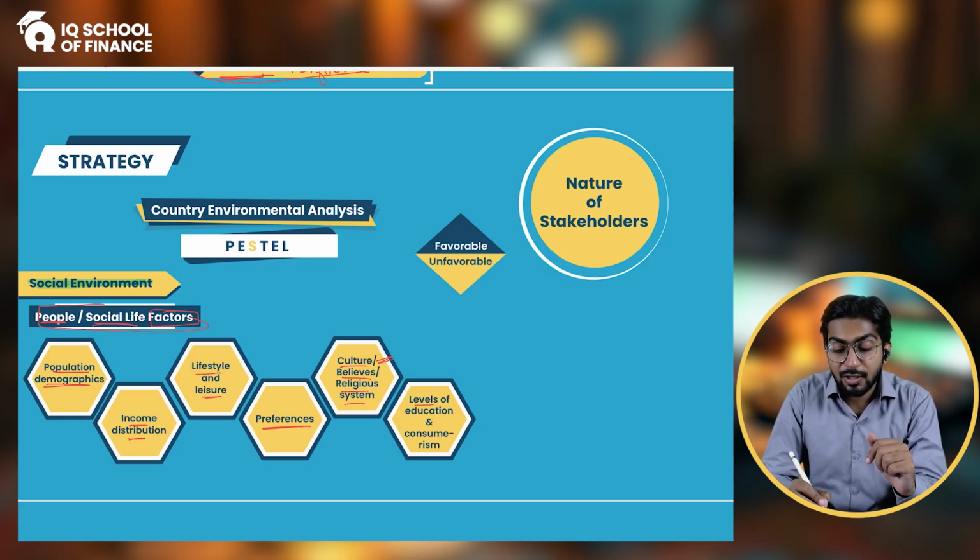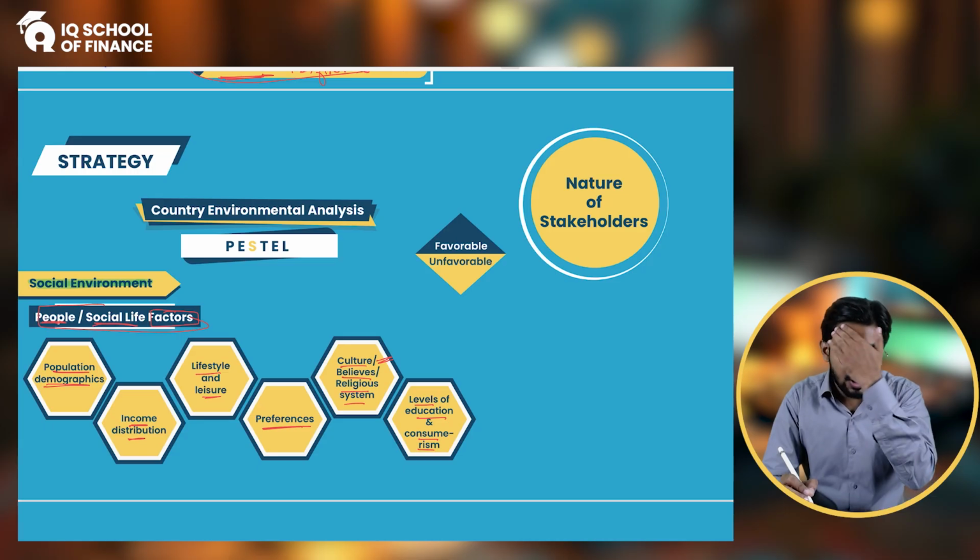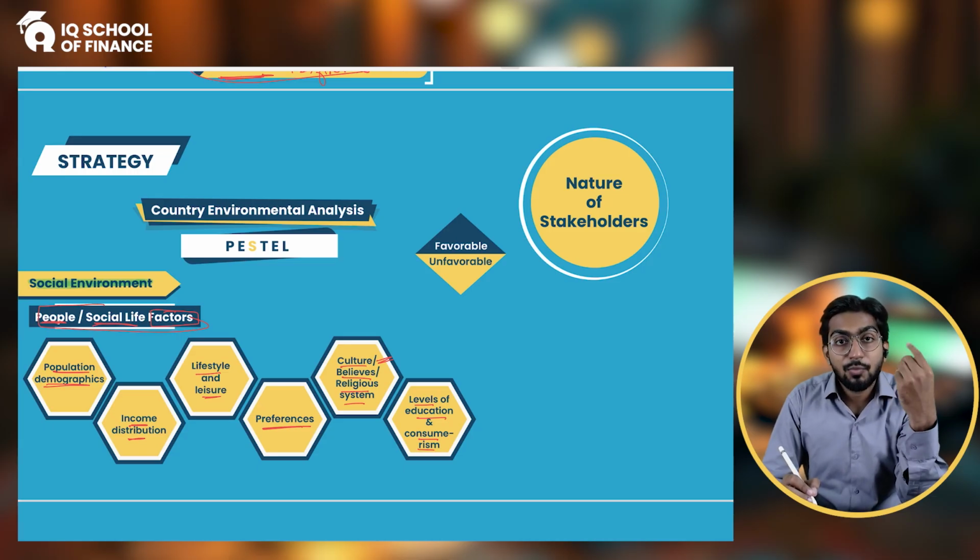And then the level of education and consumerism. The more the people are educated, the more you are going to get an educated workforce, professionals and experts who can do the job in a better way, who can run your company well, and who can serve your business.